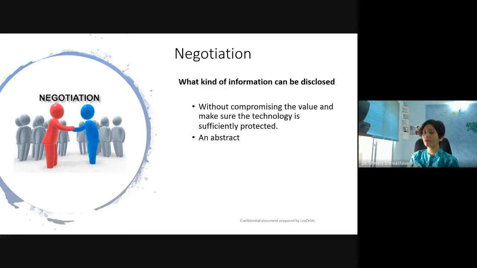We should not compromise on the value. And even though we have already filed a patent application, we should not disclose everything related to the technology at the time of negotiating, because there are chances you would be negotiating with multiple companies.